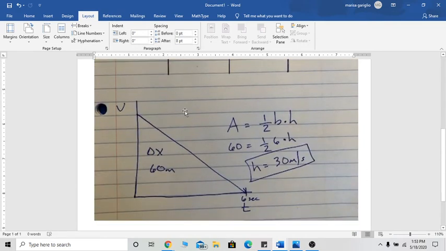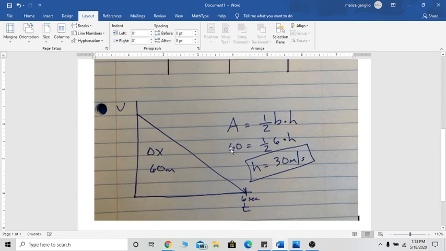So let's say we have a hypothetical situation here. I have an object that is traveling very fast, and he slams on the brakes, and it takes him 6 seconds to stop. In that 6 seconds, he traveled 60 meters. Now, knowing our formula for this area, we only have one variable unknown right here. So I take area equals half the base times the height.